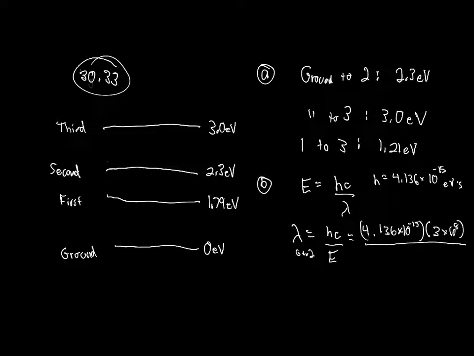And I divide by the energy difference I'm interested in, which from 0 up to the second state was 2.3 electron volts. When you plug all those numbers in, you should get about 5.39 times 10 to the negative 7 meters, which is 539 nanometers. That's in the visible range. That's around green.